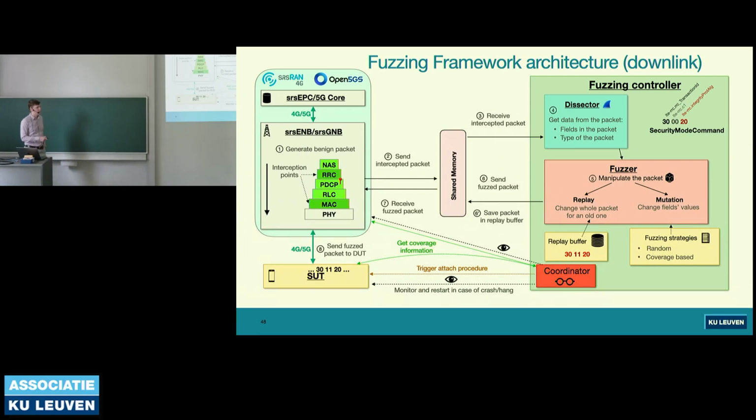This is basically what happens with every packet that goes from the base station to the system under test. One fuzzing iteration contains multiple such packets, basically the packets that are in one attach procedure. After the fuzzing iteration has finished, the coordinator performs a couple of checks. First of all, it checks whether the system under test is alive.